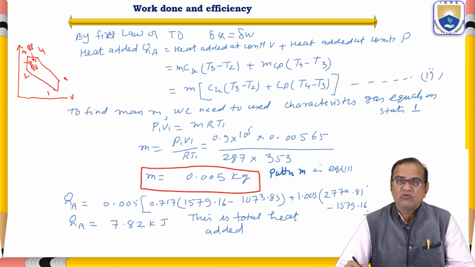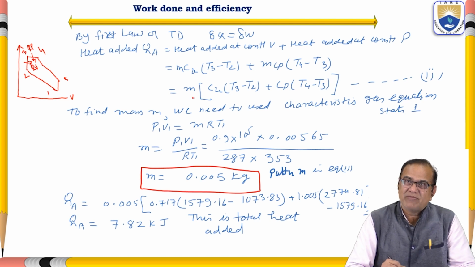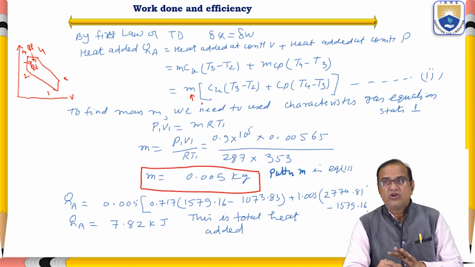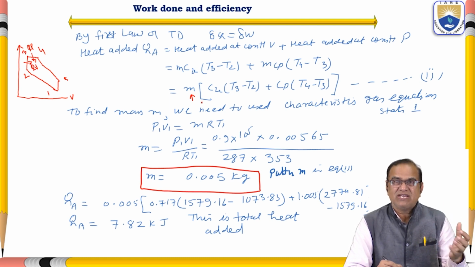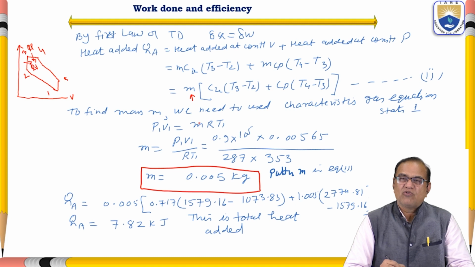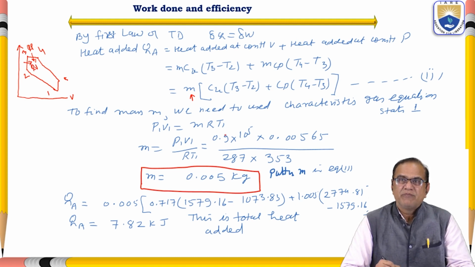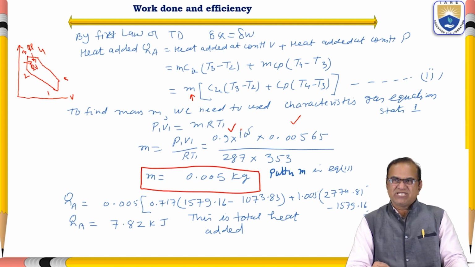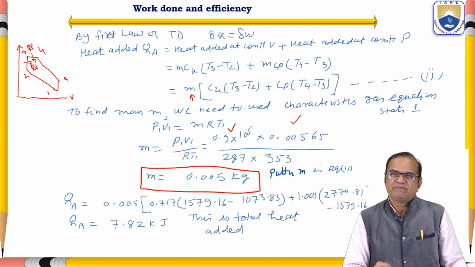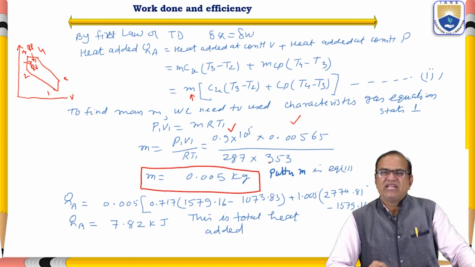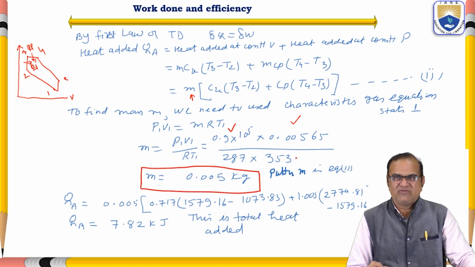Now we have to find out the mass. Here mass is given, but in the question direct mass is not given. So how to find it? We can find it by the gas equation: P1 V1 is equal to M R T1. So M is equal to P1 V1 by R T1. P1 we know, V1 we know, R is a constant 287 for air, and T1 is given as 353.